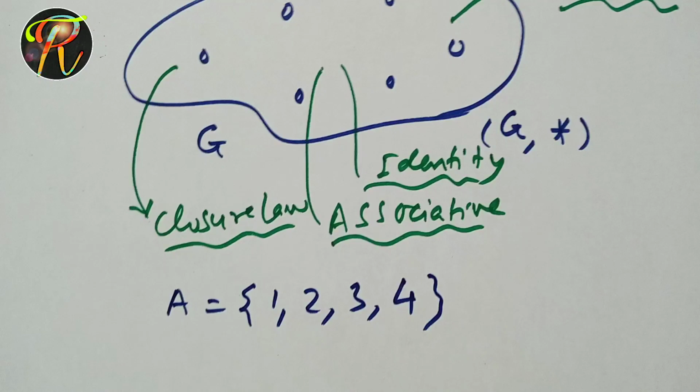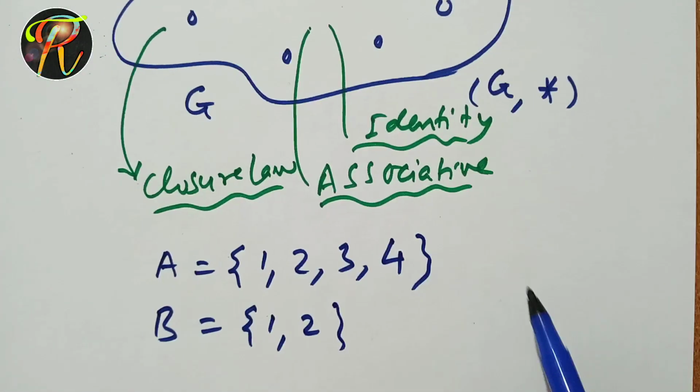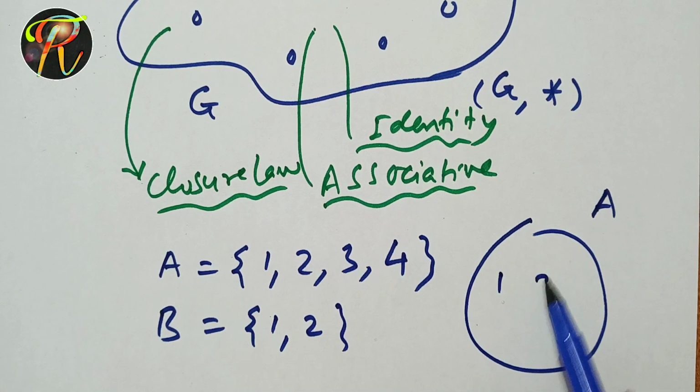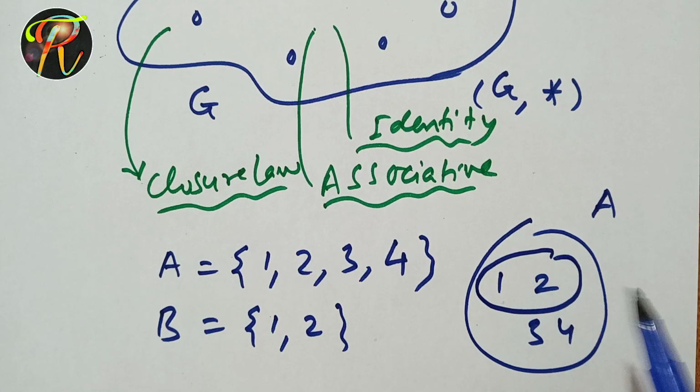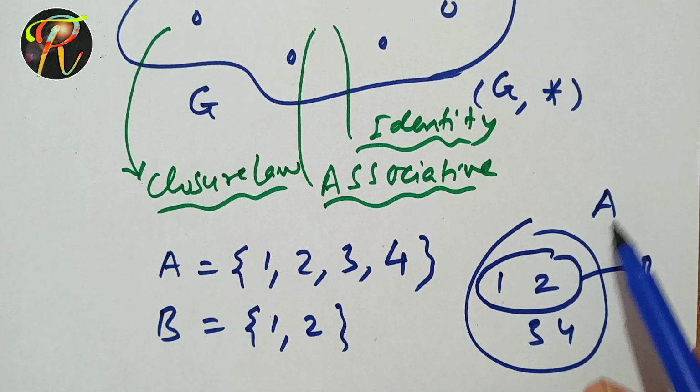If we take some elements from A, suppose B is equal to 1, 2, then B is a subset of A.